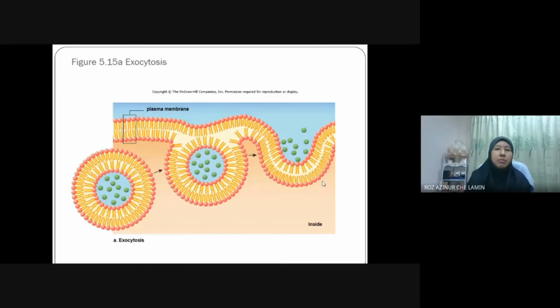Here, from inside the cell to the plasma membrane, exocytosis happens, bringing out the molecules or whatever particles to the membrane.